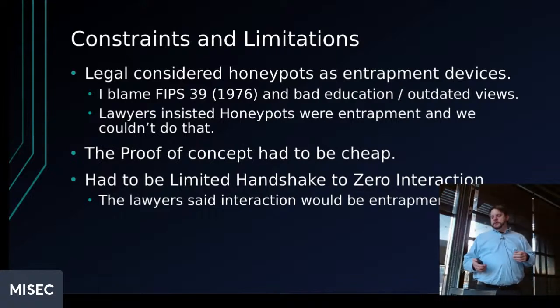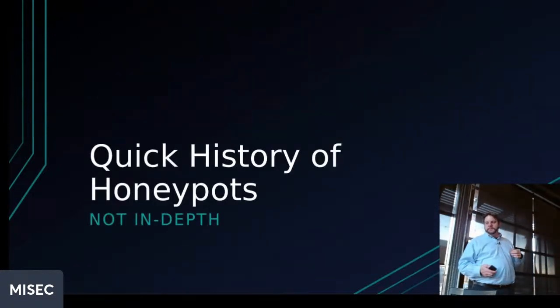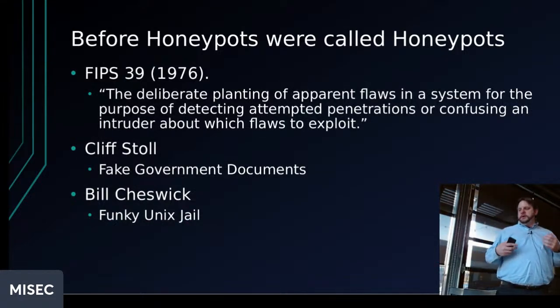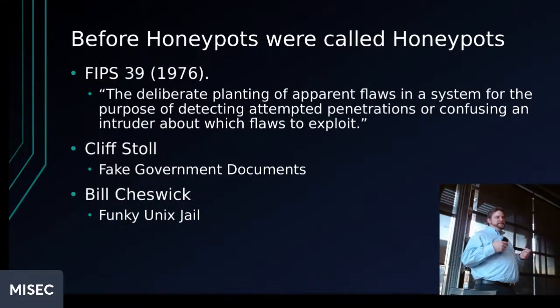Okay. So let's talk about honeypots real quick. Going back to 1976, when FIPS 39 was written, the definition is actually on the page: the deliberate planting of apparent flaws in a system for the purpose of detecting attempted penetration or confusing an intruder about the flaws to attempt to exploit.